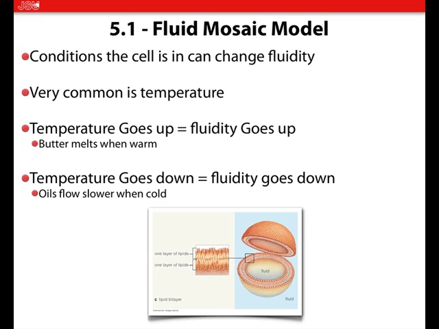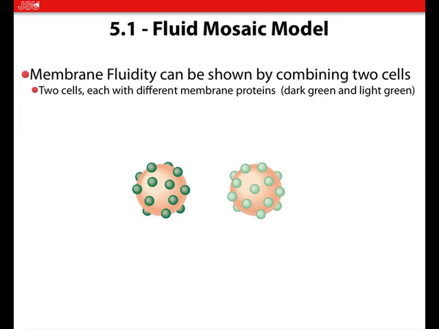Now a good way of thinking about this is butter, right? Butter in the refrigerator, solid. Butter outside, it melts. Well, the idea is a similar idea, that as the temperature becomes higher, fluidity of the membrane goes up. As temperature goes down, fluidity of the membrane goes down. Okay?